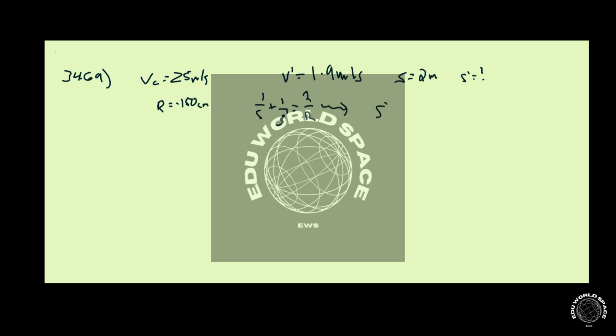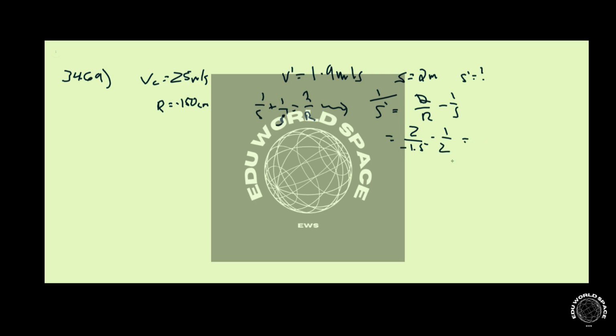Cool. So let's solve for s prime here. 1 over s prime should equal 2 over r minus 1 over s. Plug that in, we should get 2 over negative 1.5 minus 1 over 2.